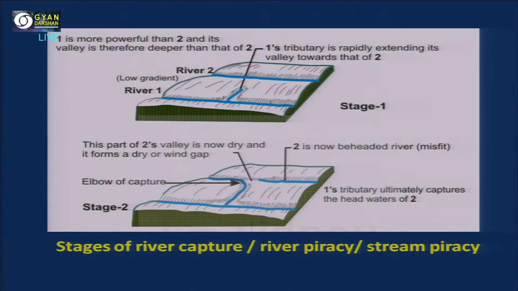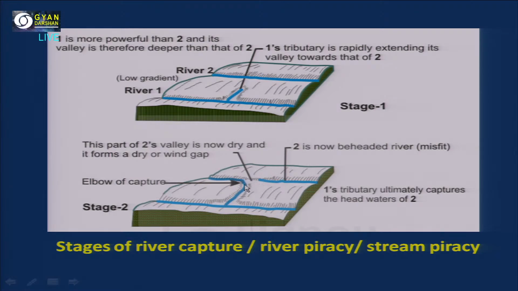After some time, when it reaches river 2 in stage 1, it diverts river 2 to river 1, as you can see in stage 2. This happens because the gradient of river 1 is steeper, and it overpowers river 2, which may be flowing slowly.